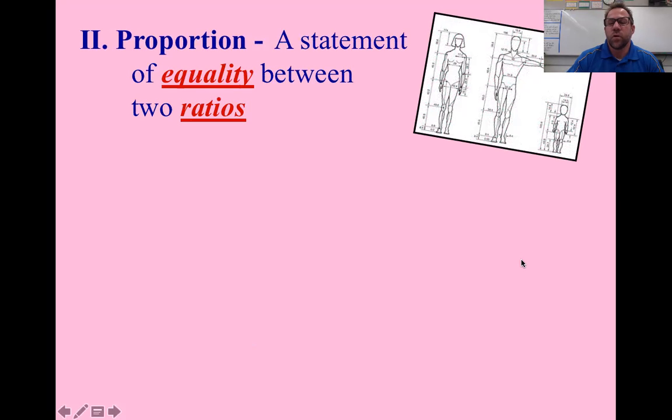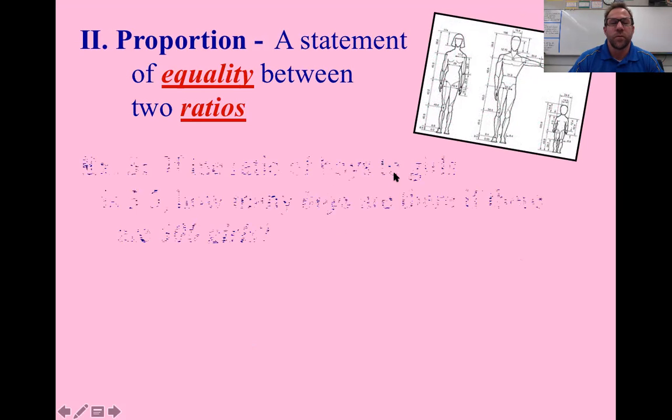So for example, here's an adult male, here's an adult female, and then this would be a child. We could compare the height of a child to an adult male, or the height of a child to an adult female. So this would be proportions, comparing one entire thing to another.